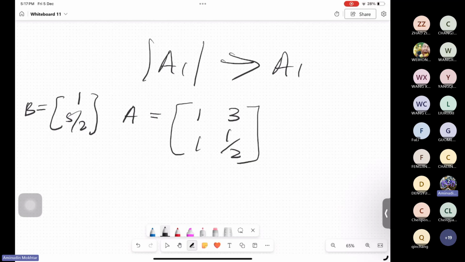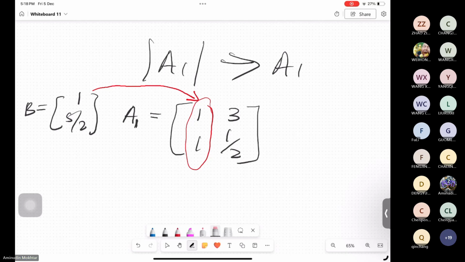Now, in order to get A1, I would like to transform this matrix from A to A1. In other words, we need to replace the first column of A with B. We need to put this B into the first column.